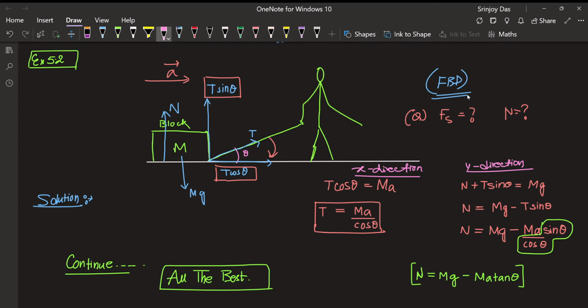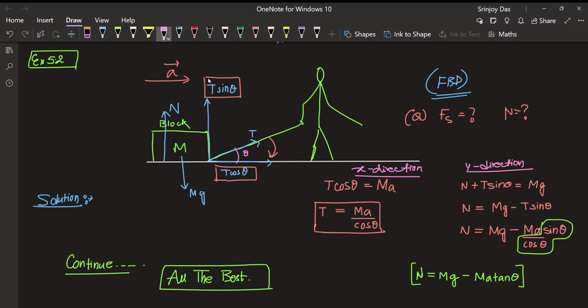And now you can see that the t cos theta is equal to ma. There is an acceleration a with which the block is moving forward. So now from that we can find t is equal to ma by cos theta.